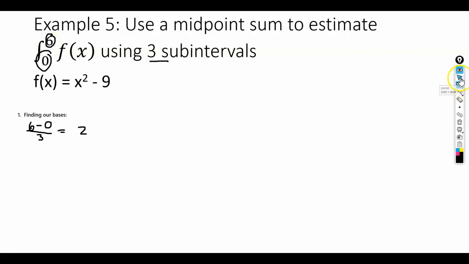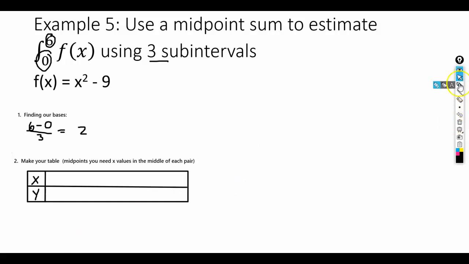And so now we're going to make our table. Now when you make the table with these midpoint sums, the table's a little bit trickier. For midpoint sums, you need x values in the middle of each pair. So I'll show you what I mean by that.